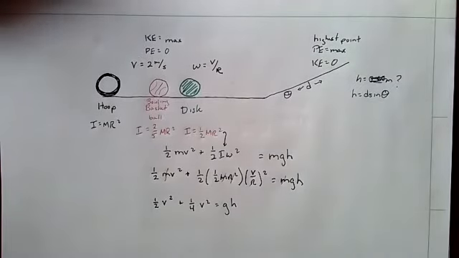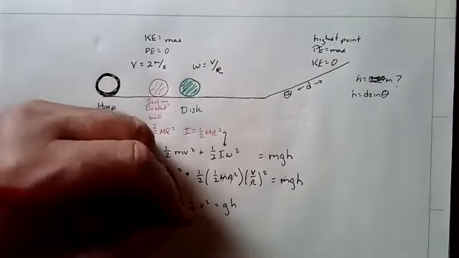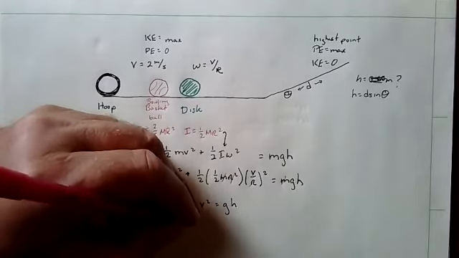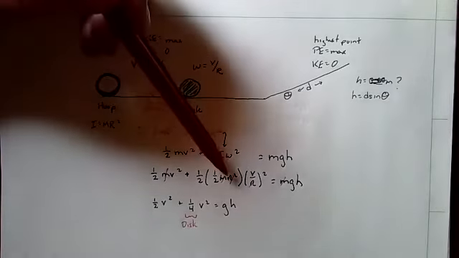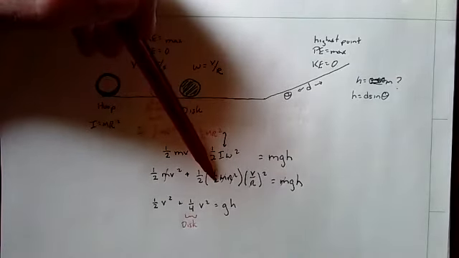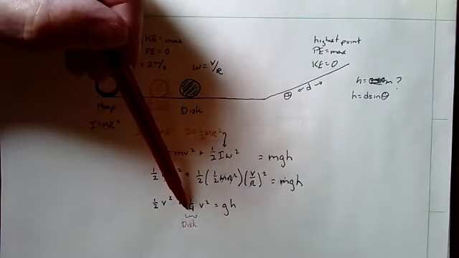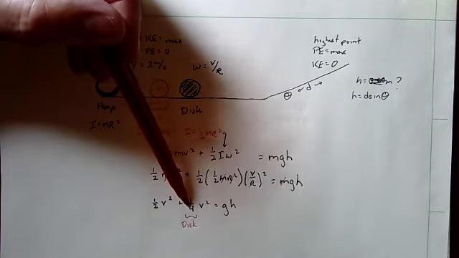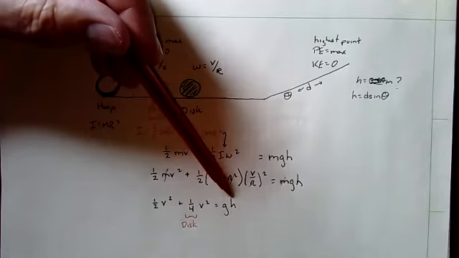Before we actually put some numbers in, let's think about where this came from. This 1/4 is from our disk. If we were doing the bowling basketball, then we'd have a 2/5 in here, so this number would be 1/5 instead of 1/4. What does that mean? Well, if it's 1/5, then this number is going to be slightly less, which means that the height is slightly less.